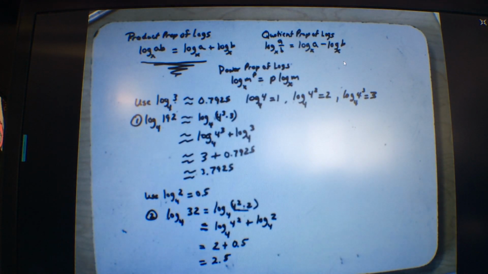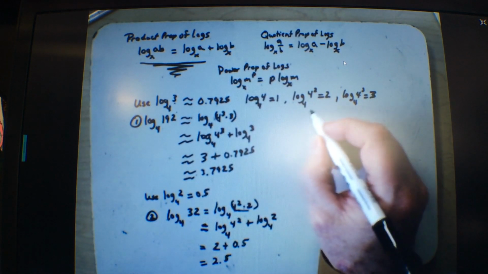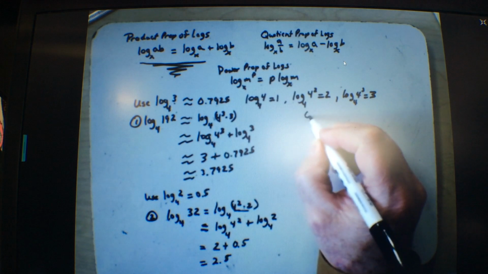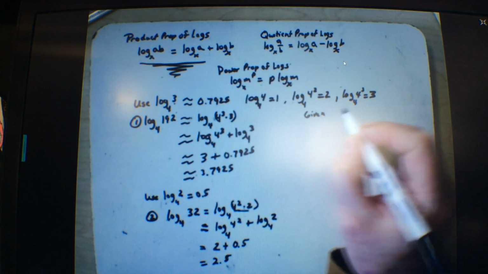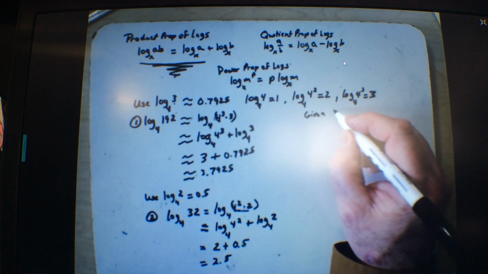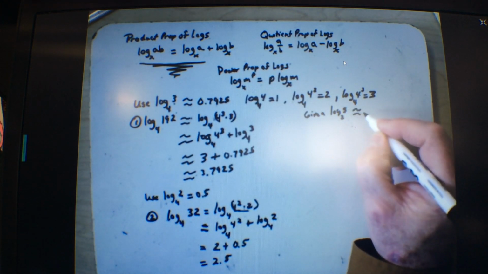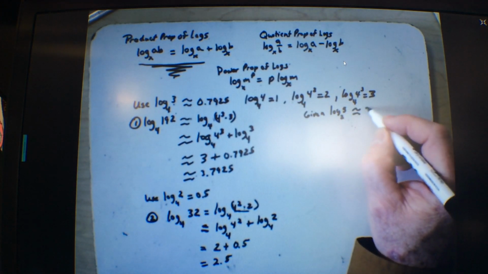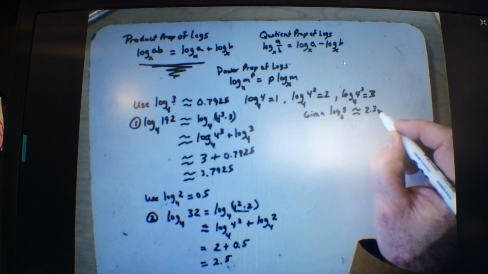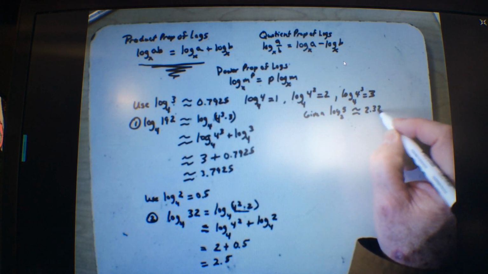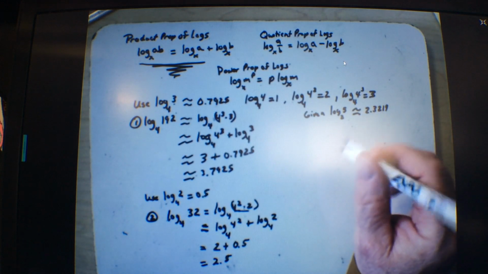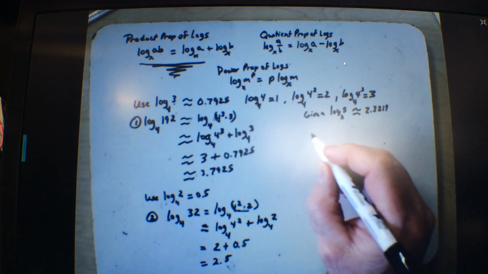All right. Let's try another one. Given the log of 5 base 2 is approximately equal to 2.3219, and I want to find the log of 25 base 2.